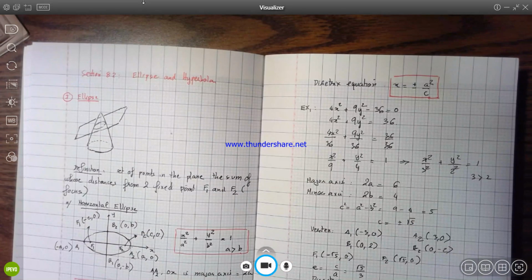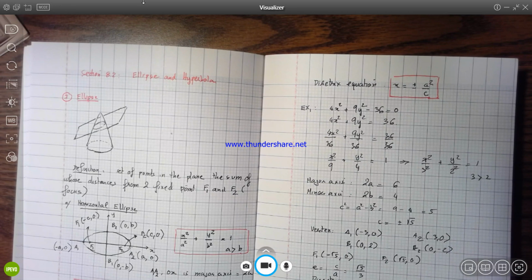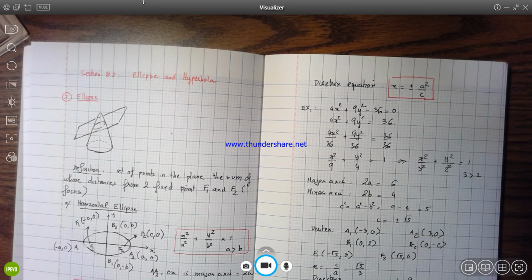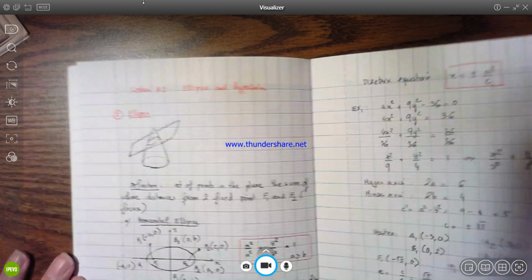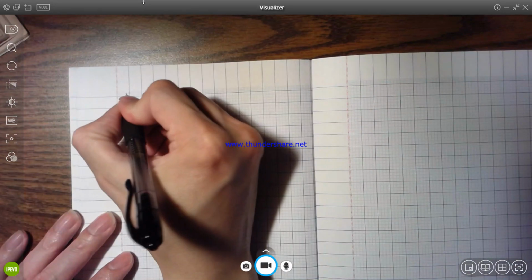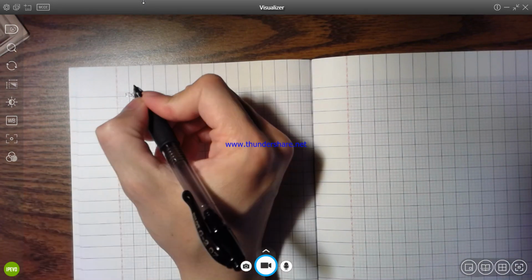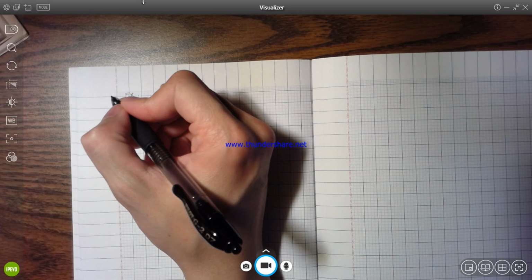I think we're going to introduce the ellipse in which the center is not at the origin first. Then we can write the equation. We can learn how to write the equation later, or we learn how to write the equation now. I think we should do the second example right now.